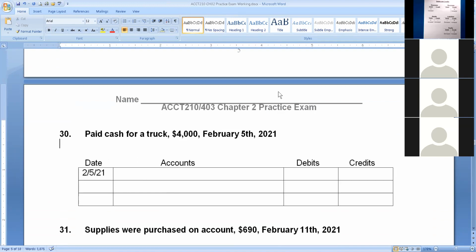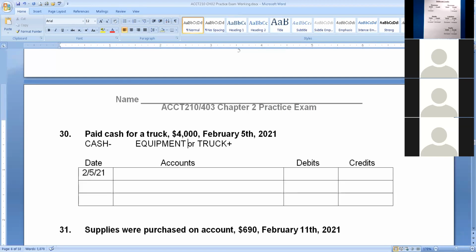Paid cash to purchase a truck, 4,000. Same as the other one. Cash is going down. And equipment or truck, either one of those is fine, is going up.